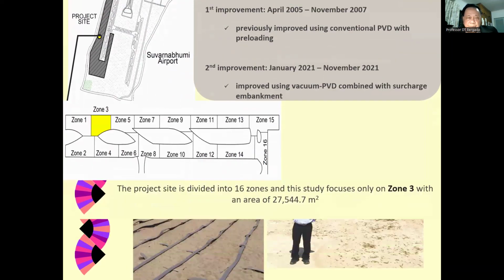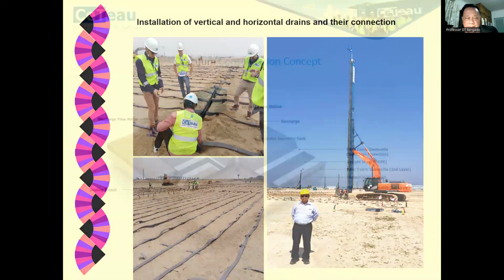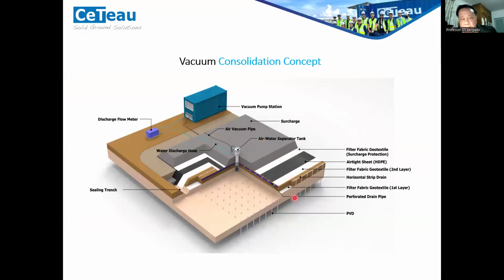There's an installation of PBDs on the horizontal drains connected to the perforated pipes. So this is the concept. We have PVDs here, we have horizontal drains, and airtight membranes protected by a geotextile layer to prevent puncture.